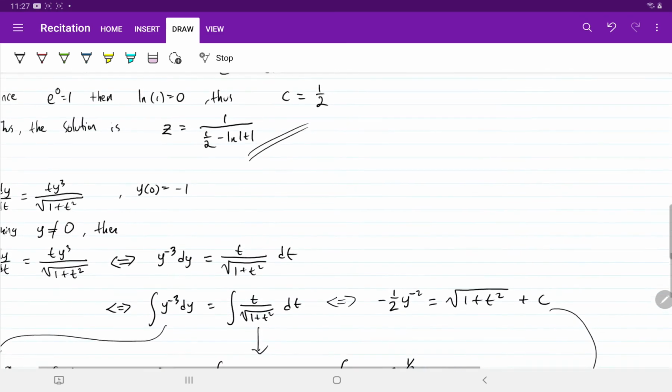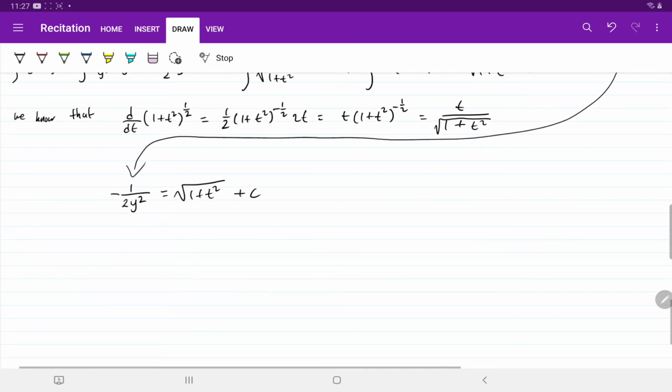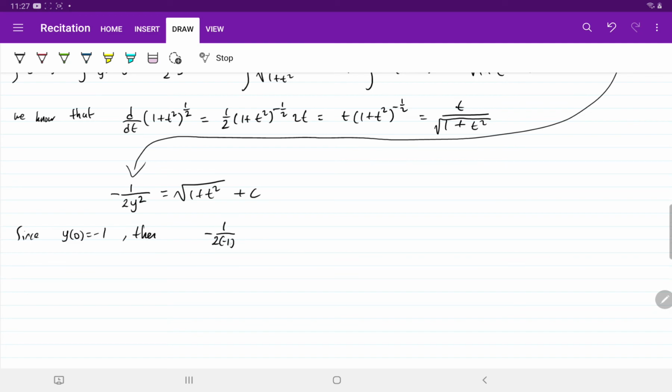From the initial condition y0 equals minus 1, we have minus 1 over 2 times minus 1 squared equals square root of 1 plus 0, t equals 0, plus c, so it is minus 1 half equals 1 plus c.